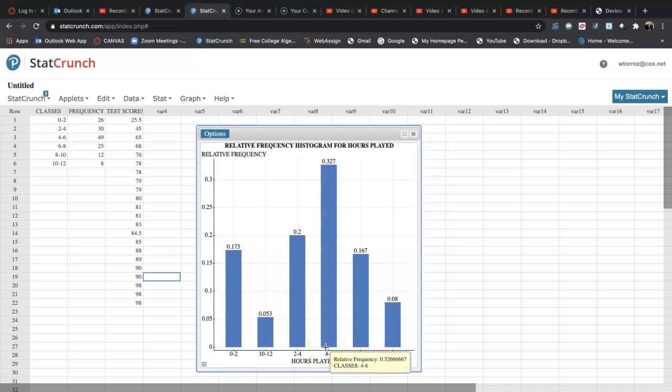Okay, so when you mouse over, look at where that cursor is there, and you can see 4.88, which is the sample mean that we calculated in number 1, and you can see that that looks like a center point. So the mean is a measure of the center of the data.